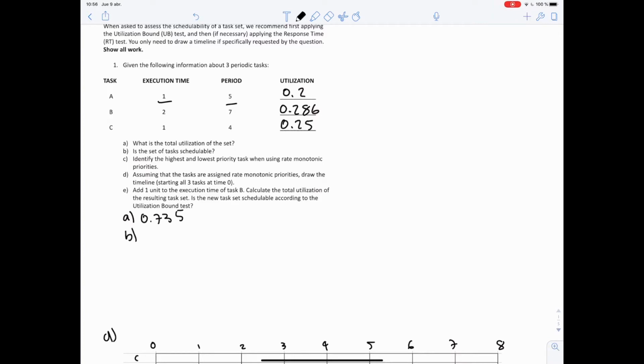Then after this, we are asked to see if the set of tasks is schedulable. To check, we use the following formula: U_N equals n times (2 to the 1 over n, minus 1). In this case, n represents the number of tasks. So for our case, it'll be 3.